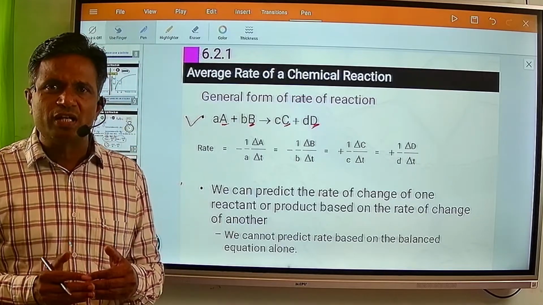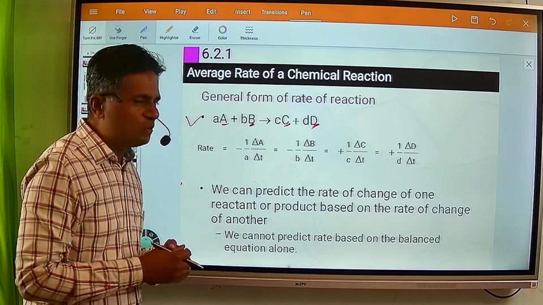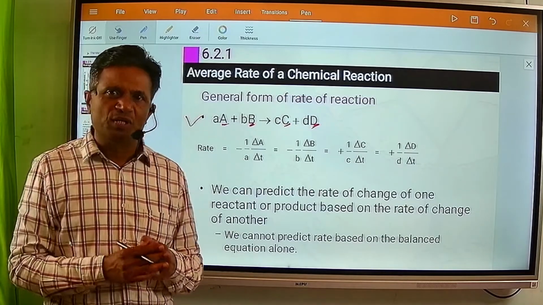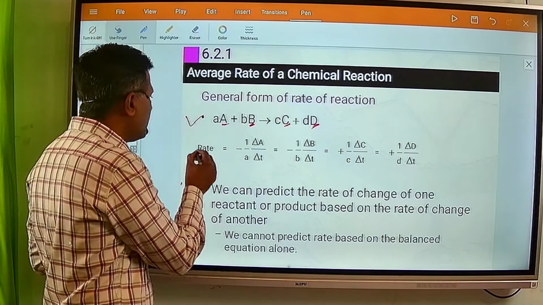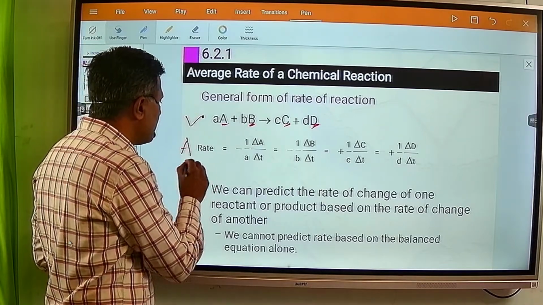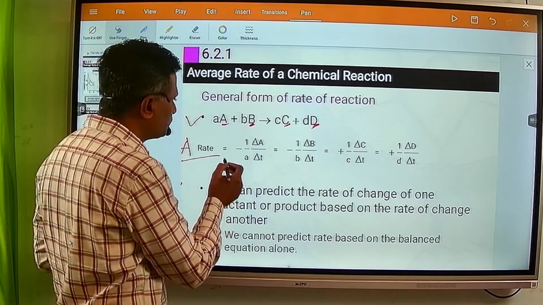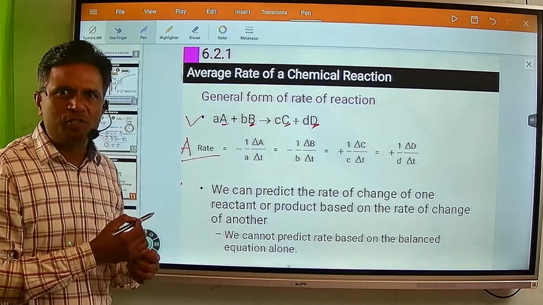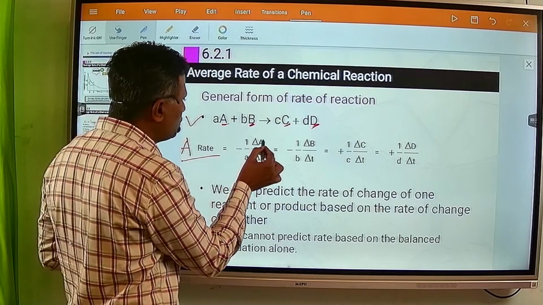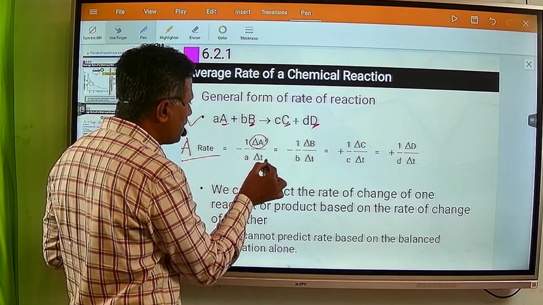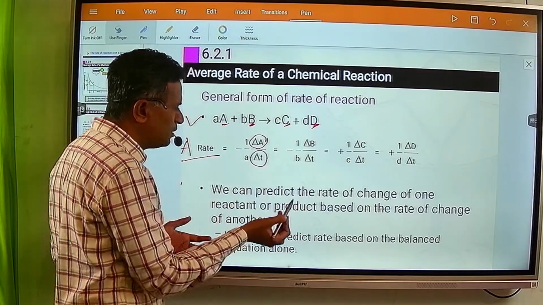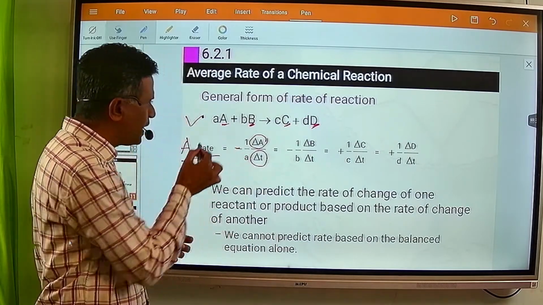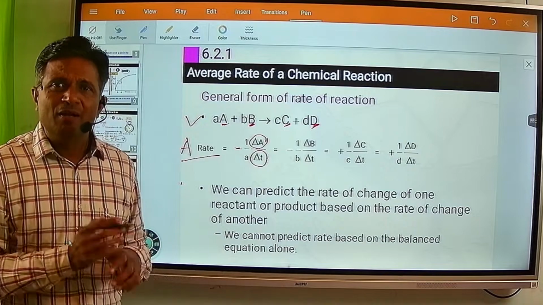Whenever you express the average rate in case of this particular reaction involving different stoichiometric coefficients, you write average rate is equal to, with respect to reactant, delta A upon delta T as usual, isn't it? Also you put a negative sign here because you are writing the rate with respect to reactant.